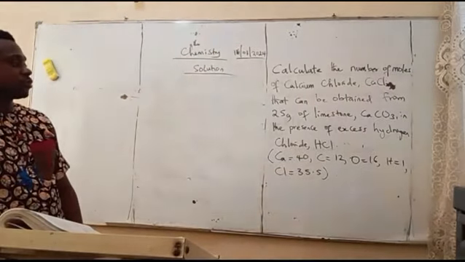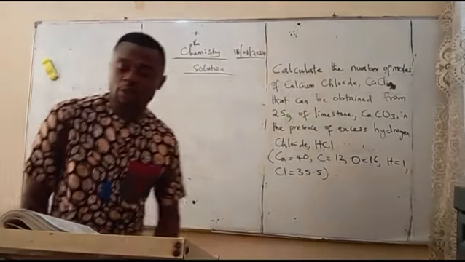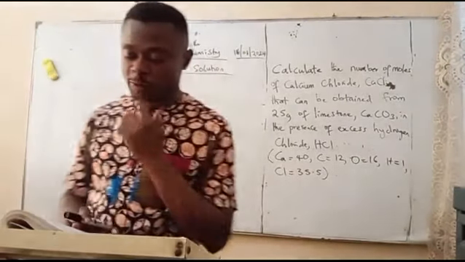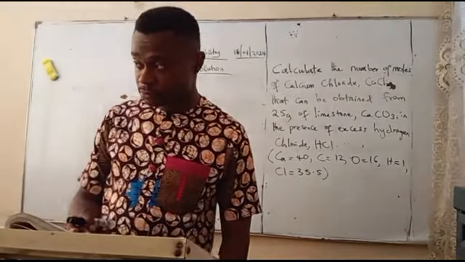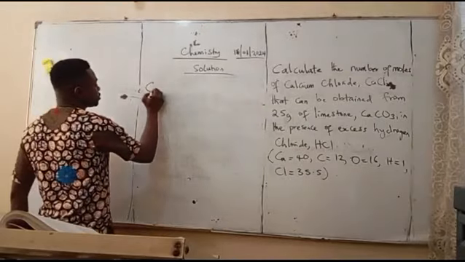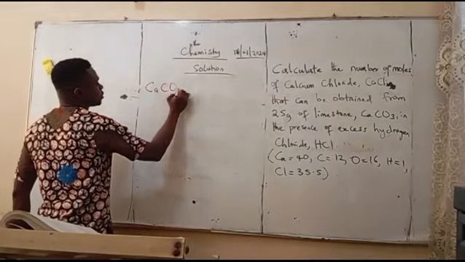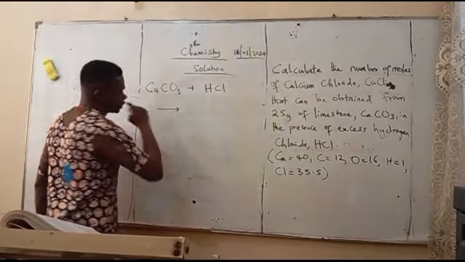to produce what? Calcium what? Chloride and what else? What else do you think can be produced? Is it only calcium chloride? Look at the equation. Well, okay, let me write down the equation. CaCO3 plus HCl. What do you think will be produced?